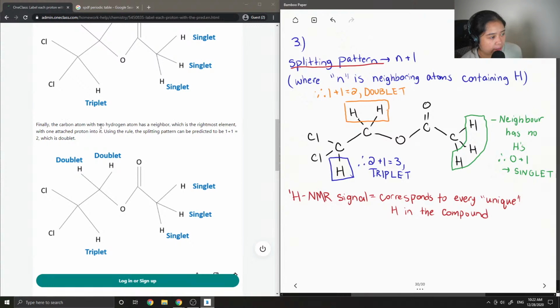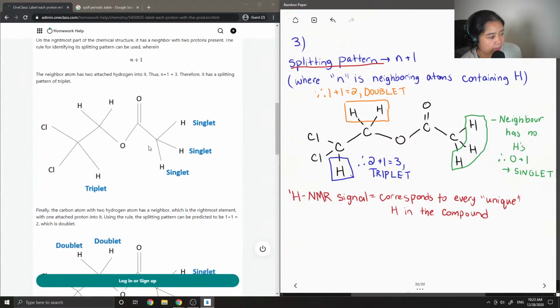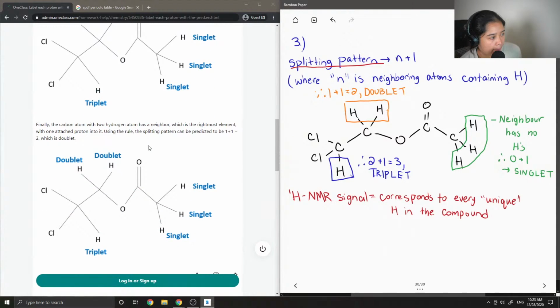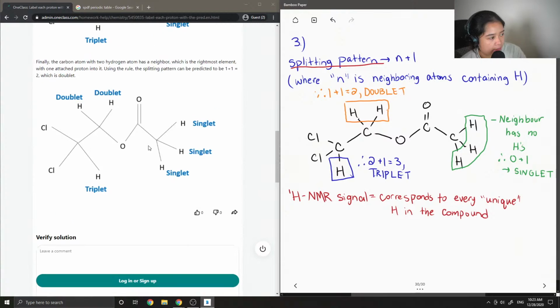Finally, the carbon atom with the 2 hydrogen atoms has a neighbor, which is the rightmost, I think they again mean the leftmost element, with 1 attached proton. Using the rule, the splitting pattern can be predicted to be 1 plus 1, which is 2, which is a doublet. Yep, so I'm going to say that this solution is correct.